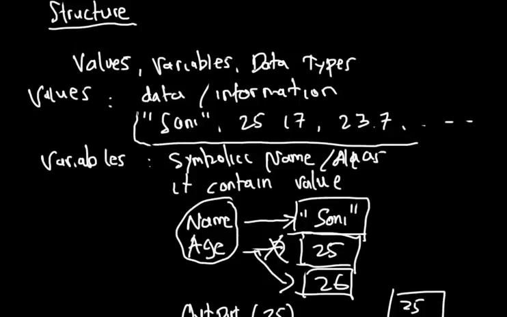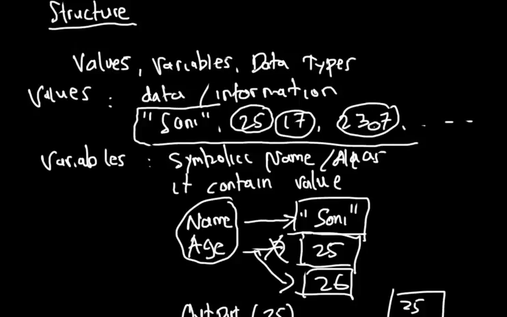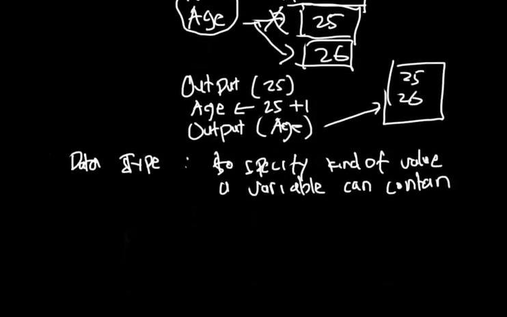This one is Sony, it is a text, right? This one is an integer, this one is an integer, and this one is not an integer. Actually, it is a floating point or a real number, right? So they are different. A concept of variable is that a variable can only contain a kind of value. It is specified by the data type.